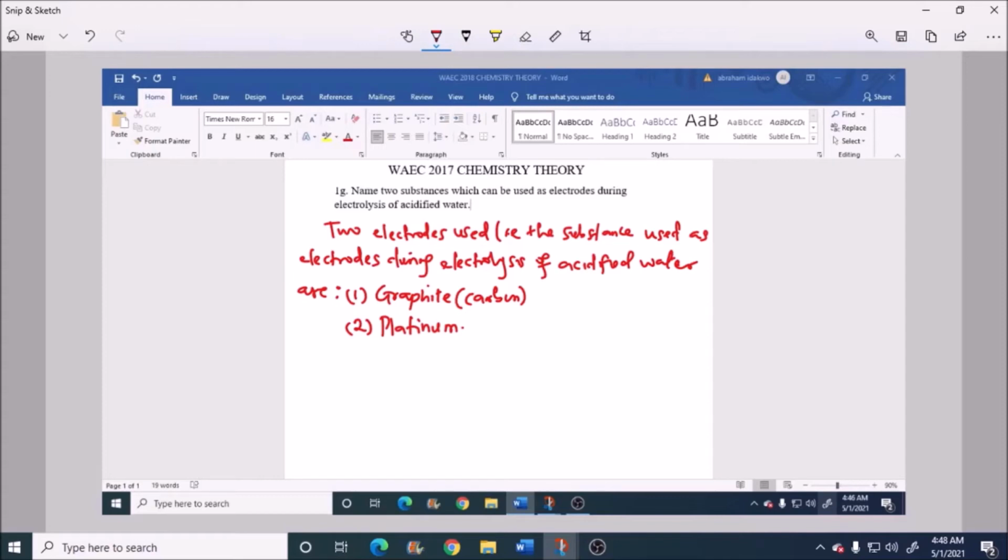So we have answered question 1G, where we are asked to name two substances which can be used as electrodes during electrolysis of acidified water. The answers are graphite, which is one of the allotropes of carbon, and platinum.